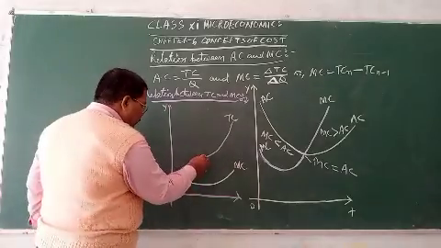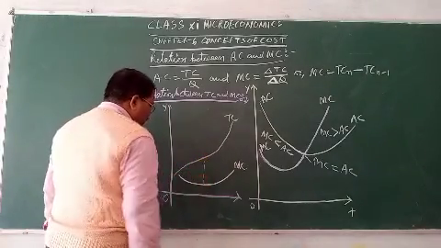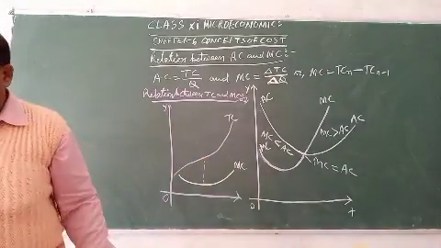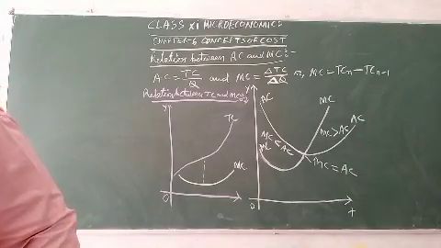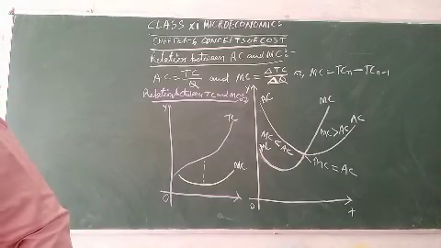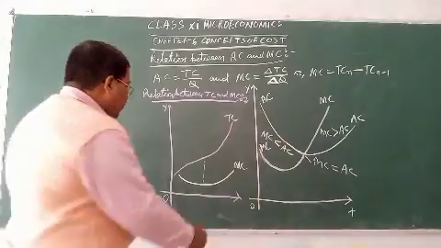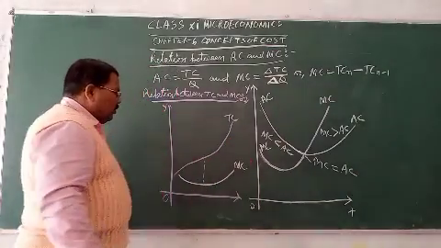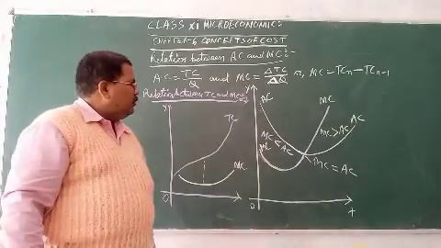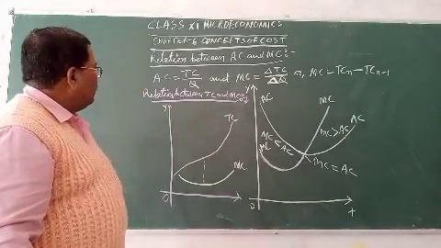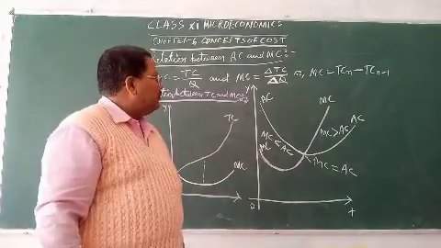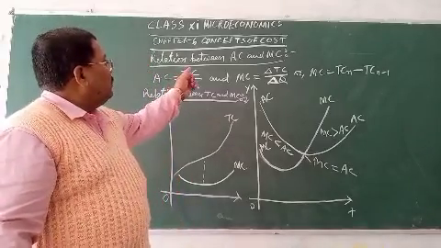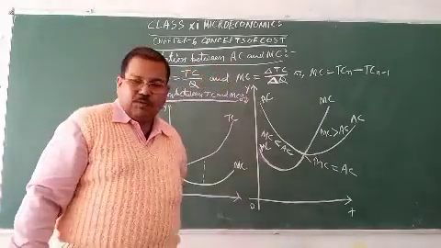This is this area, minimum and constant. And the third relation is when TC increases at an increasing rate, MC is also increasing.